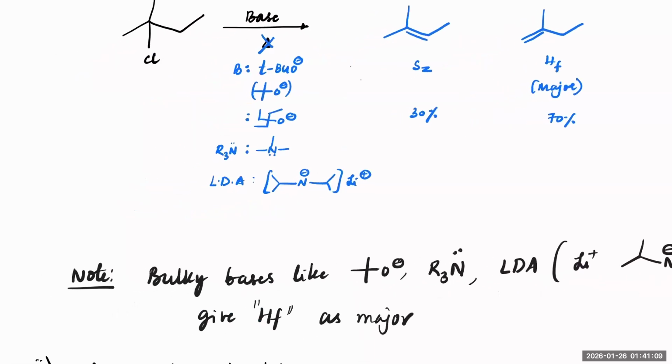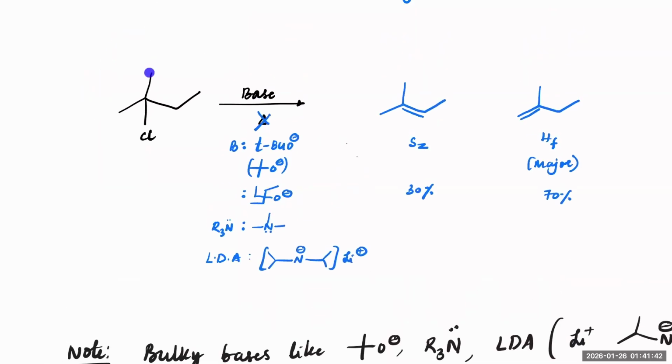Why is that? See, what happens with the bulky bases? Because the base is extremely bulky, it has to weigh all the way inside these carbons and try to fetch these hydrogens. Because as they move, this methyl will start repelling it. So it becomes very unlikely for it to take H plus away from that beta position. But if the tert-butyl goes all the way onto this corner, there is not much bulkiness, so it can easily extract the proton from here or for that matter here.